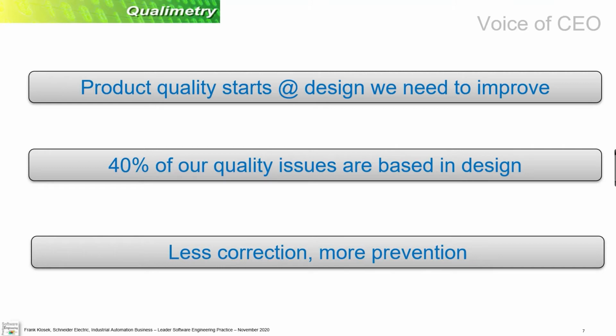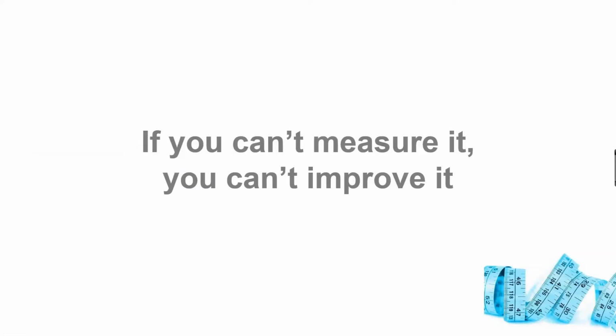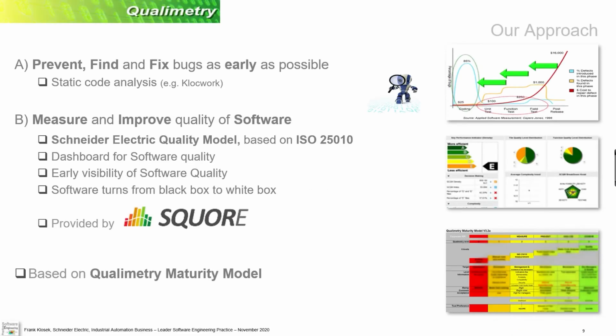Maybe it sounds familiar to you, but it's very good to have this spoken towards the teams. Something out of this or even other areas, it's about what you can't measure, you cannot improve. So that means we need to see where we are and what can be improved.